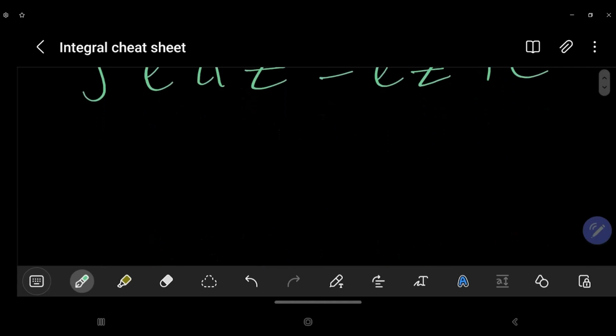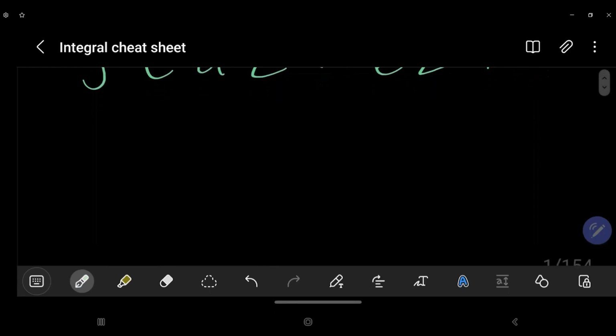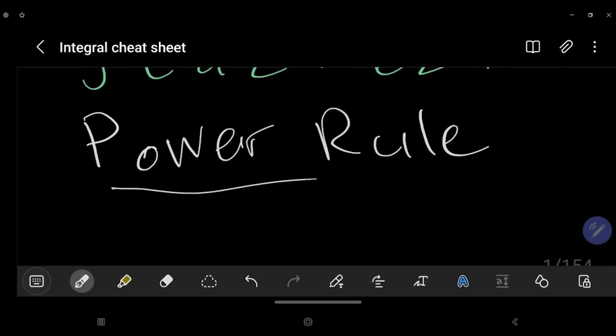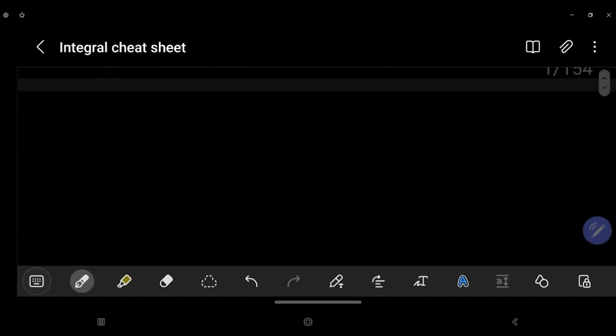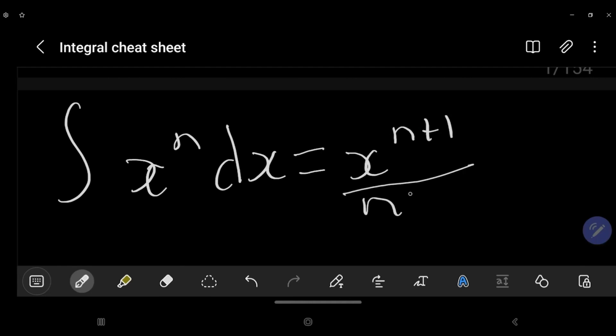We're going to move on to the next rule, which is called the power rule. The power rule is basically: we have the integral of x raised to the n dx, and this is basically equal to x to the n plus 1 divided by n plus 1, and of course plus c.